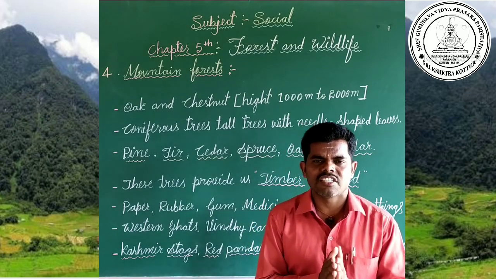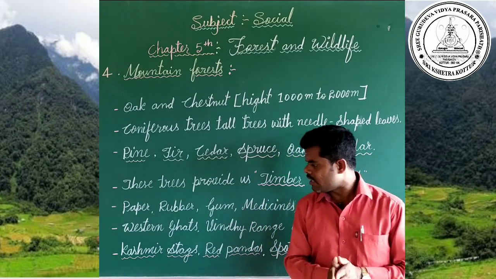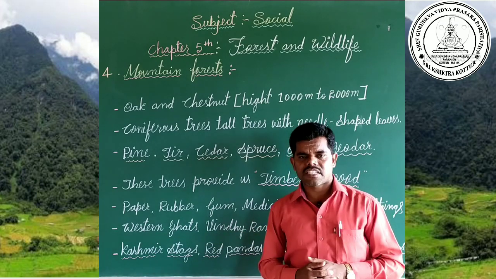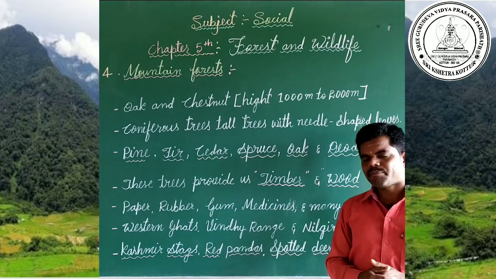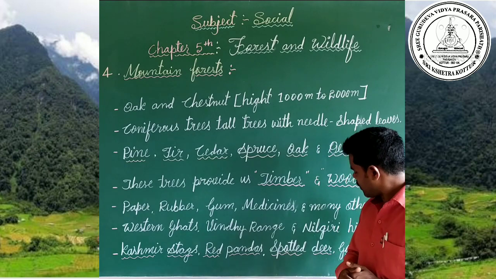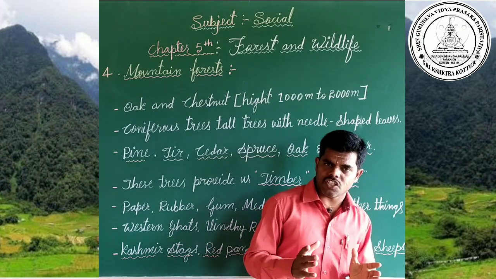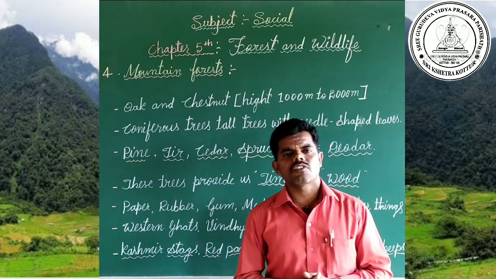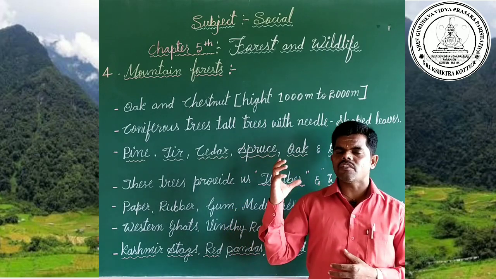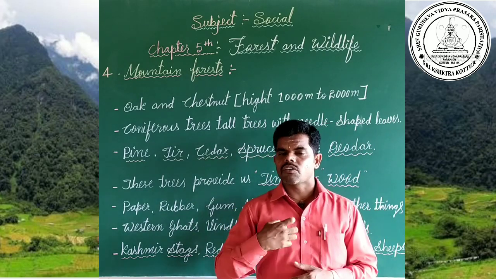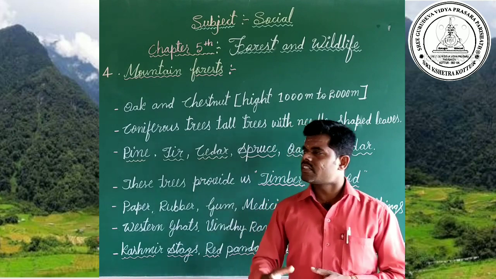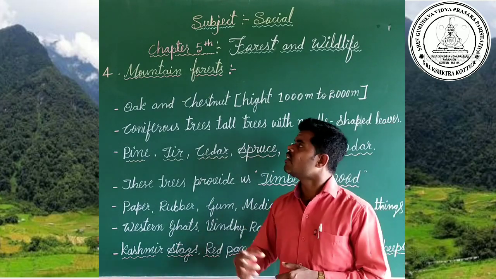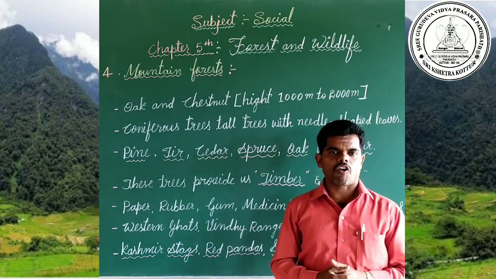And here we can see different kinds of animals like Kashmir stags, red pandas, spotted deer, goats and sheep. These animals we can see in the mountain forest, or coniferous forest. These are the details about the fourth forest, the mountain forest.